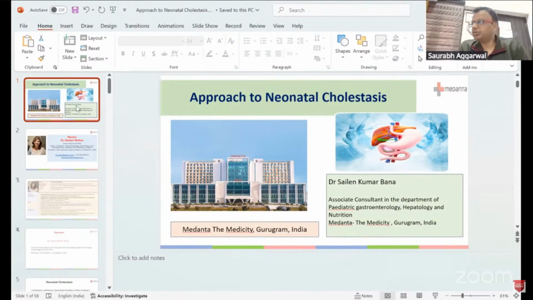There is a question: in case of delayed diagnosis, is it fully curable or can it be a problem? If you are asking about biliary atresia, the key to diagnosis and management is early diagnosis.